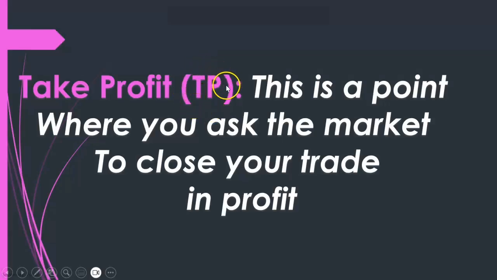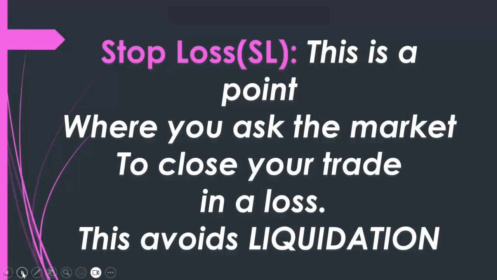I'm going to do that practically so that we can see how this is set up, so that once it gets to the point where you want the market to close your trade for you in profit, the market can actually do that. I want to believe that's noted. So stop loss, at the same time, is when you have to apply proper risk management.